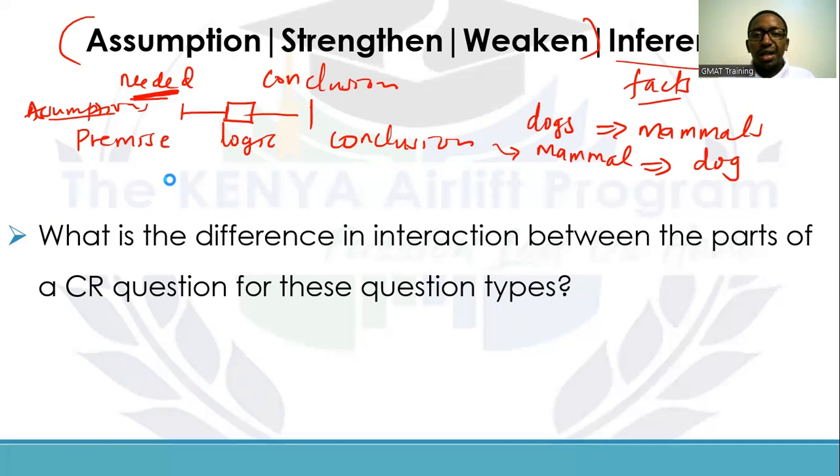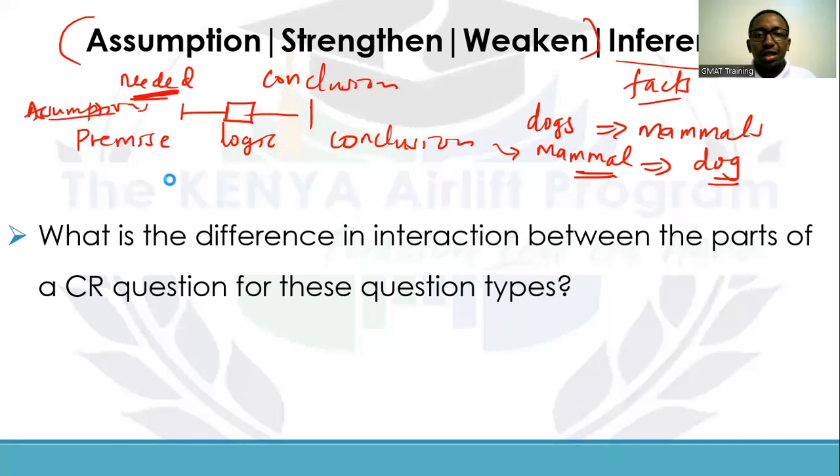So we can clearly see that there is an assumption here. What's that assumption? It's assuming that all mammals are dogs. So that means there is no other mammal that exists, only dogs.